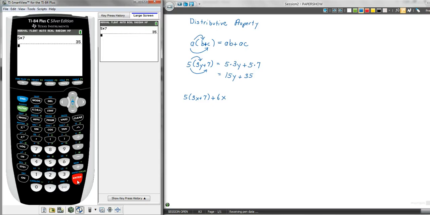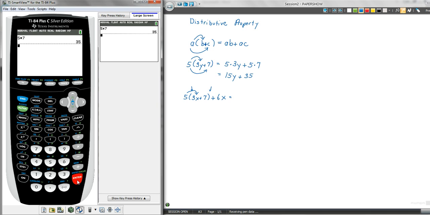So you can see we have parentheses here, so we want to get those removed first, and then we're going to rearrange the terms so we can put our like terms together, and then we're going to go ahead and combine them. So again, we're going to use our distributive property.